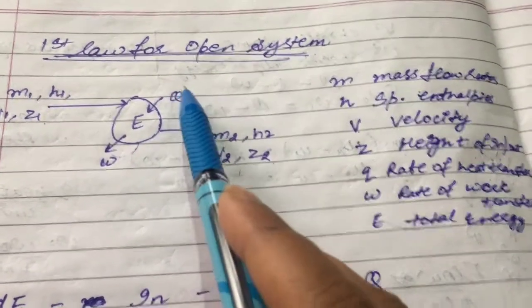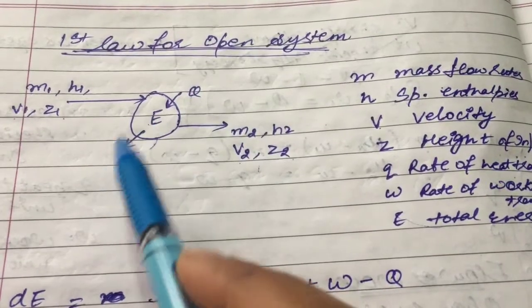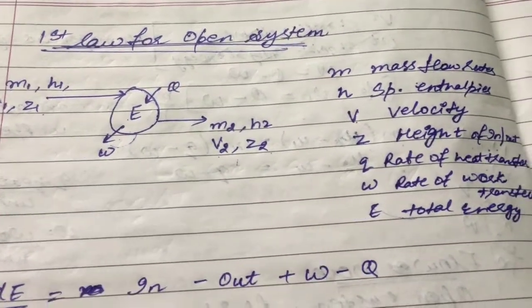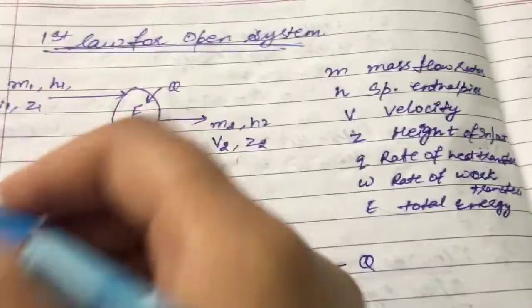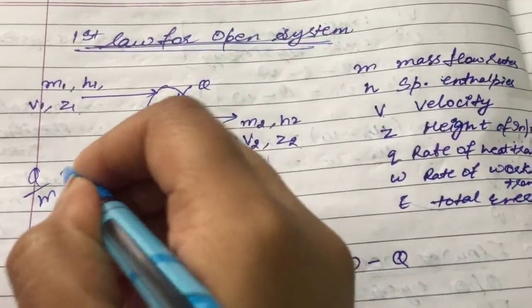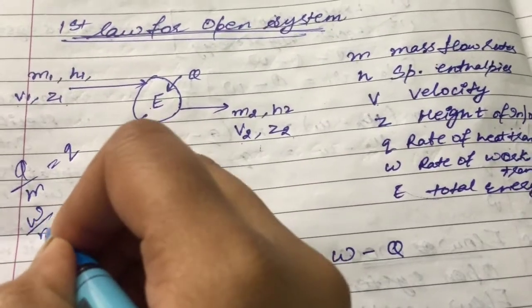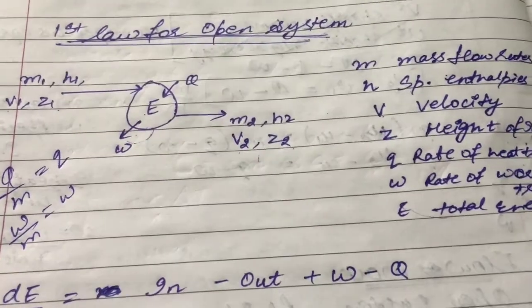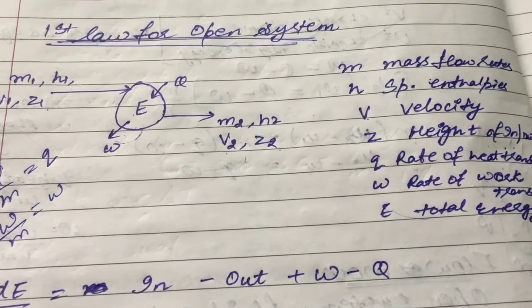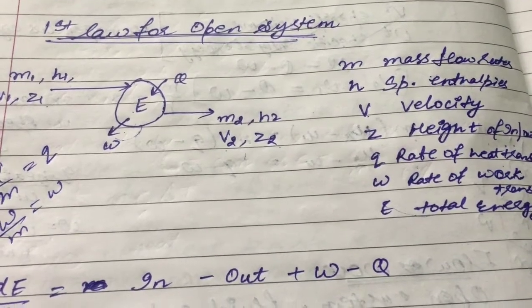Q is the heat provided to the system and W is the work done by the system. Capital Q by m would give us small q, the heat transfer per unit mass, and capital W by m would give us small w, the work per unit mass, and E is our total energy.